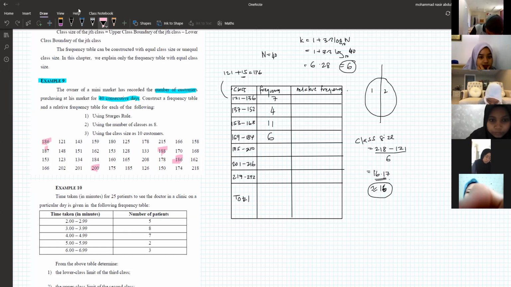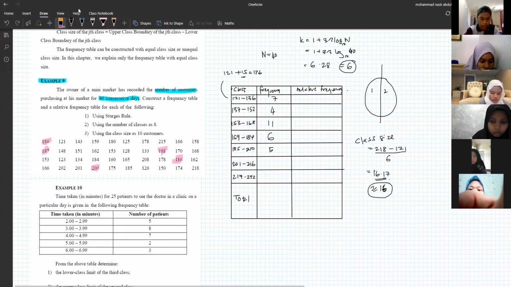This one is included, so 5. So it should be equal to 5. Is it? You counted carefully? Maybe I'm wrong, I can't see anymore. The second last, 201, 6 also. Okay, 6, right. So this one should be 6.